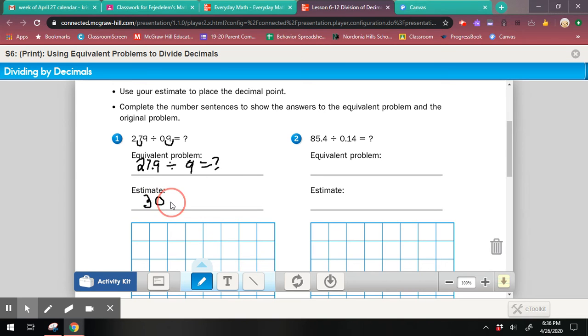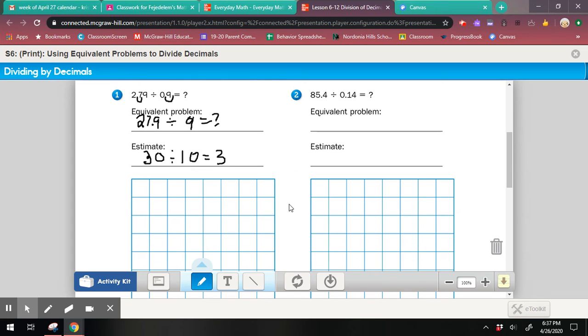And 9 is pretty close to 10, so that would make an easy estimate of 3.